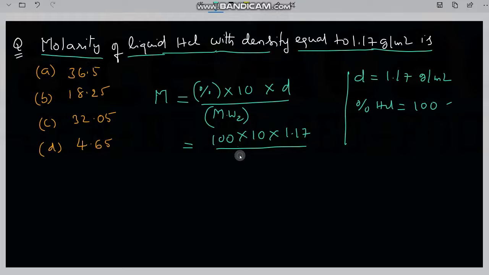Molecular weight of HCl is 36.5. This is 1170 divided by 36.5. Let us see its simplification on the calculator. Then we get 32.05 is the molarity of the solution.